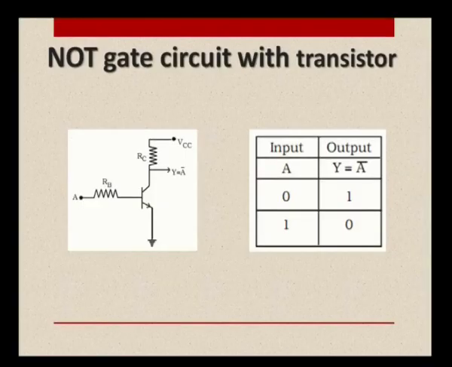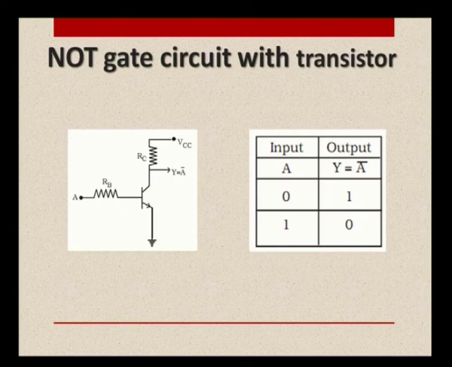Now, it is time for us to look at the components used for the designing of a NOT gate. How is a NOT gate designed? Let us have a look at the diagram. For a NOT gate circuit, we are using a transistor.